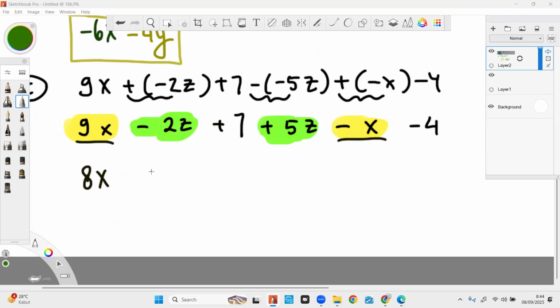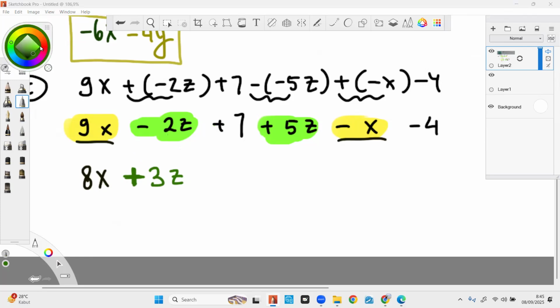Negative 2 plus 5. Negative 2, 3. Is it positive or negative? Positive. So you can just write 3z, but actually you must put the positive sign because we are not finished yet with our expression.